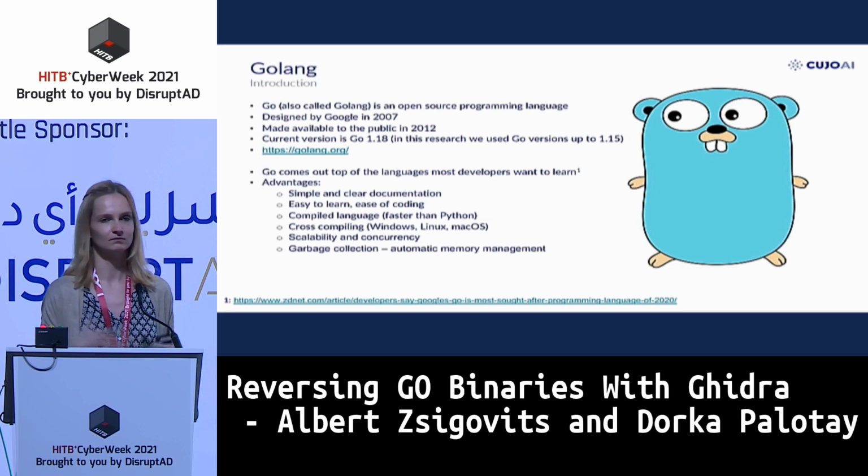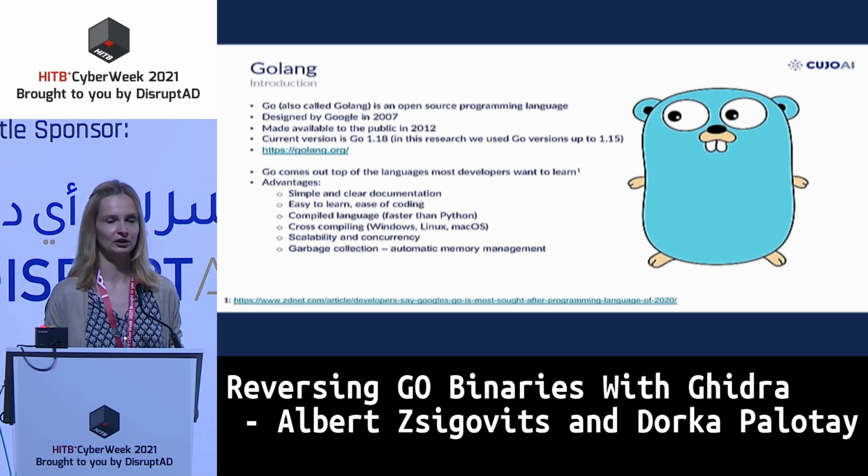There are many different researches and questionnaires which show that Golang is getting more and more popular, not just among malware developers, but among developers in general. It's a very easy language to learn, very simple, with clear documentation.